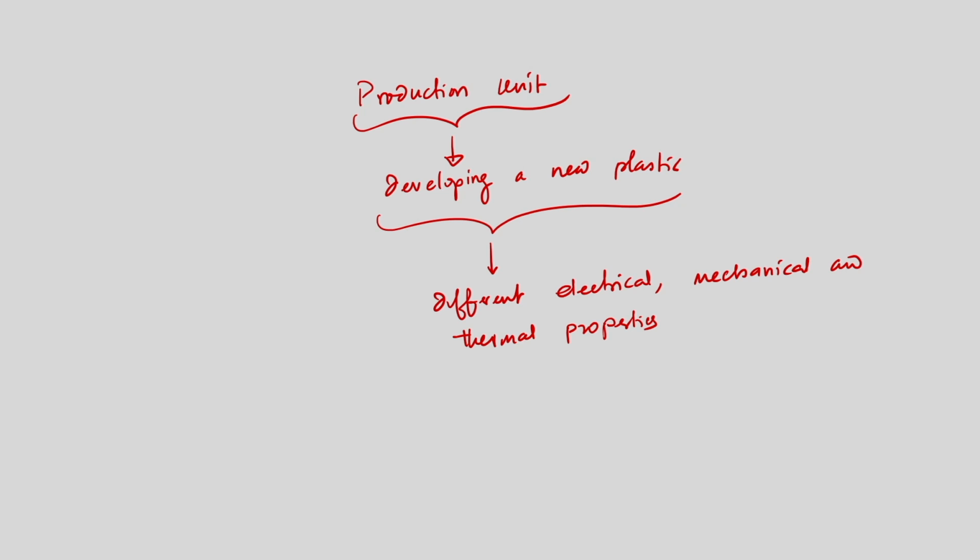Whenever any production unit or any manufacturing plant is developing a new product, the sole objective is to ensure that the properties should be changed. Now, these are the properties that we are looking for.